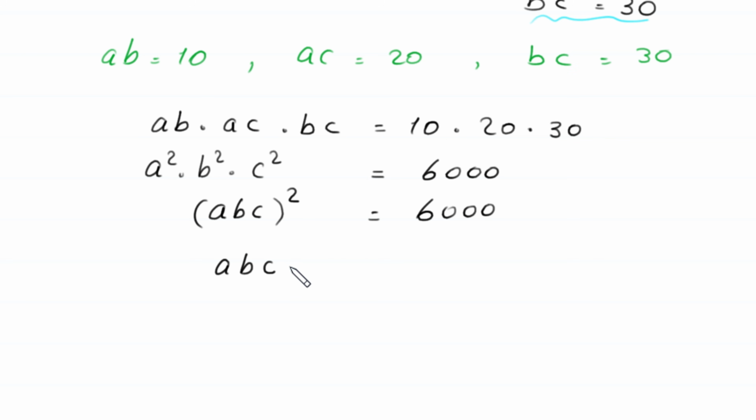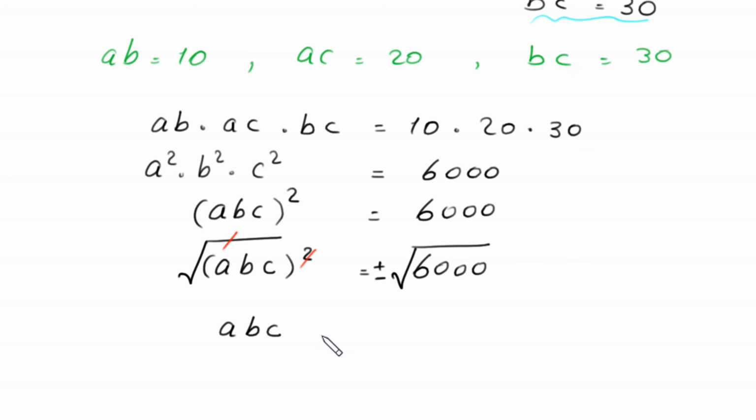So (abc) whole squared, we take the square root, is equal to 6,000, we take square root, and this value is both positive and negative. Now this square will be cancelled out with this square root, and we get the value of a times b times c is equal to plus minus square root of this 6,000, which can be written as 400 times 15.